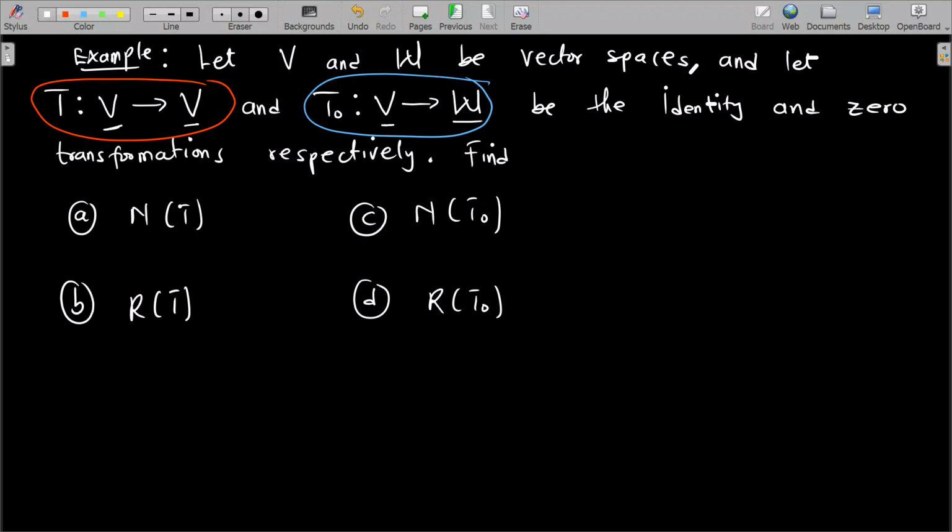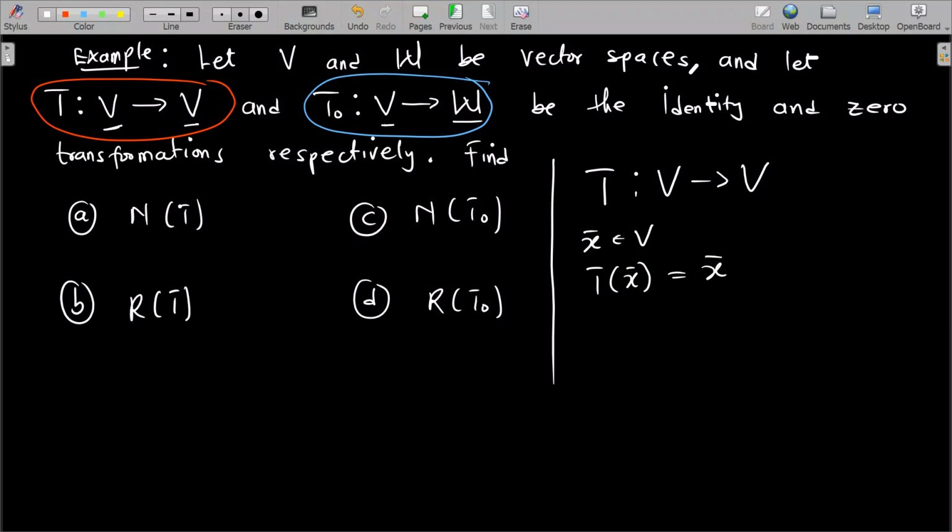We're going to first dive into the identity transformation, which is the T such that V maps to V. Some books will call it I for identity. It means if I pick an X, which is a vector in V, and take the transformation of X, I get X back, right? That's the identity. Whatever you perform on the X, you get the same X back, right? So that's the definition of the identity transformation.